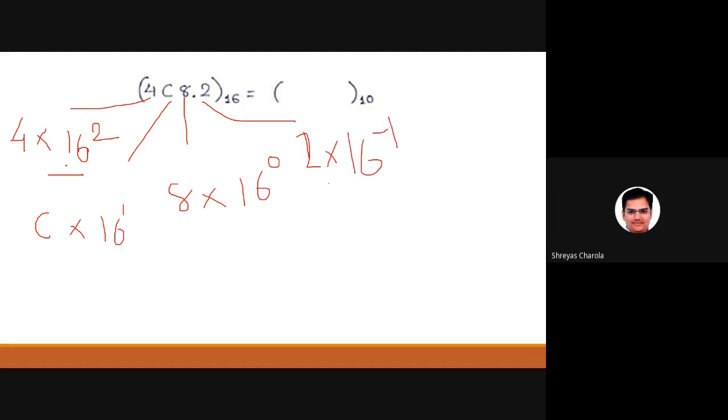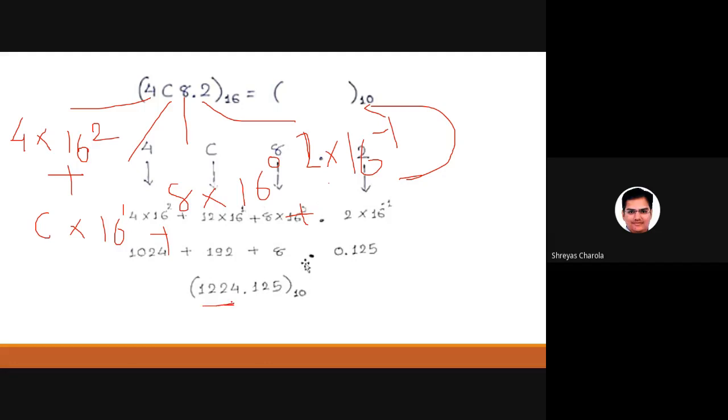When you add them all together, you will get a number in the decimal number system. C, as you know, is 12. So the answer we are getting is 1224.125. This is how we can convert any number system into a decimal number system.